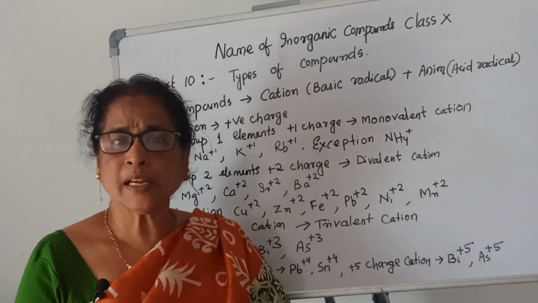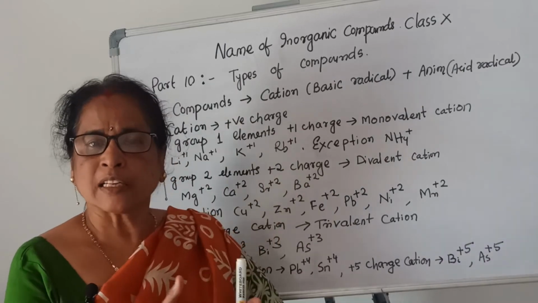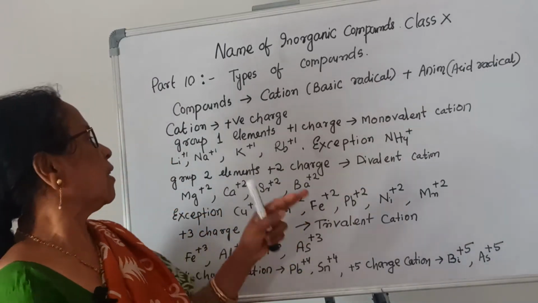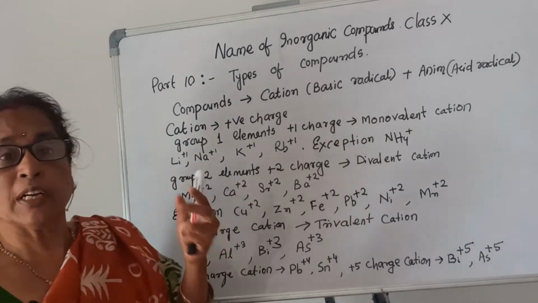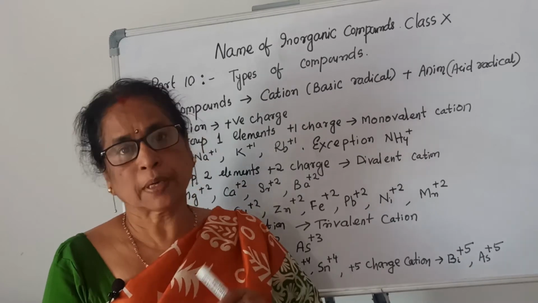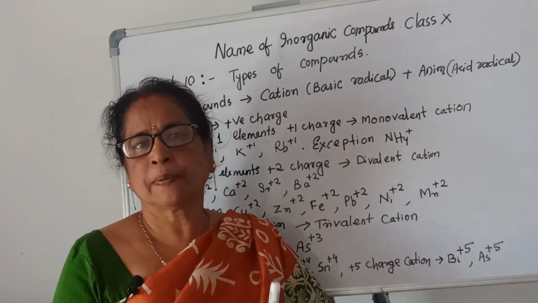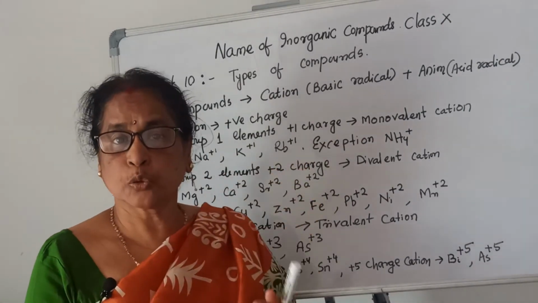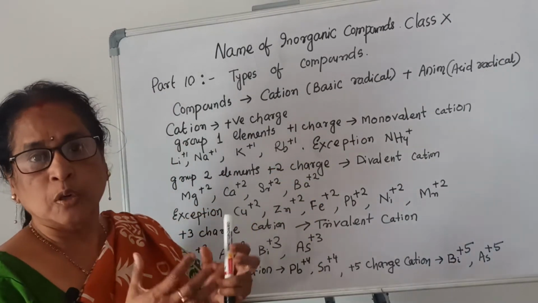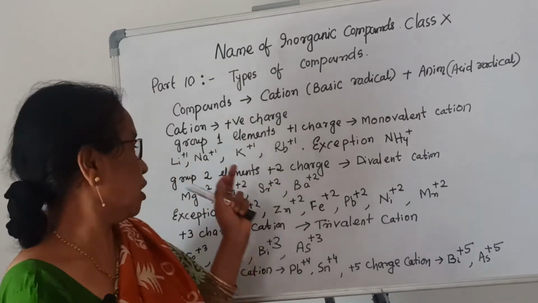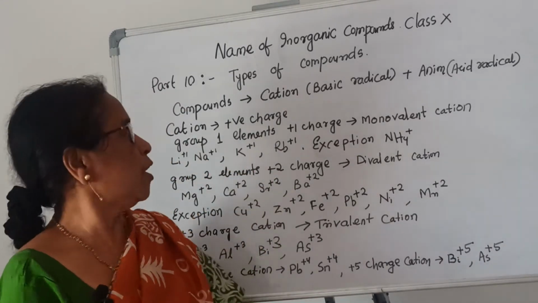Basic radical means it comes from a base, that is, from a metal hydroxide. The elements of the first group are hydrogen, lithium, sodium, potassium, rubidium, cesium, francium. Generally lithium, sodium, potassium show good positive compounds, which is why questions generally ask about lithium, sodium, potassium and rubidium.